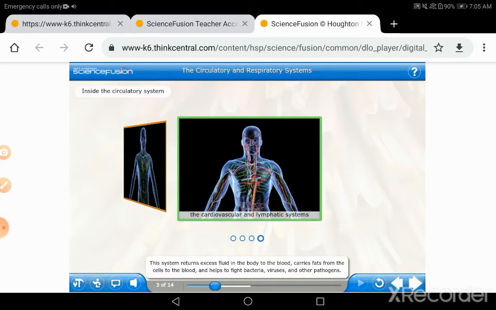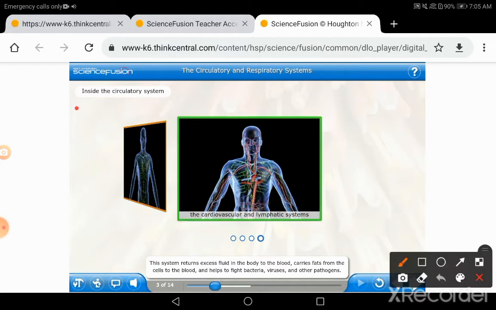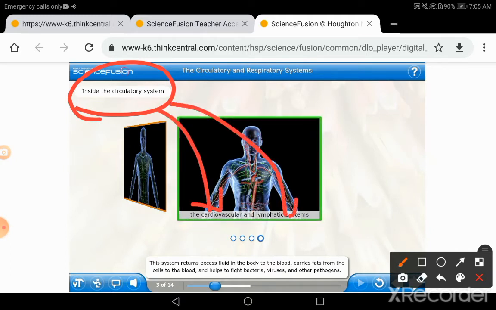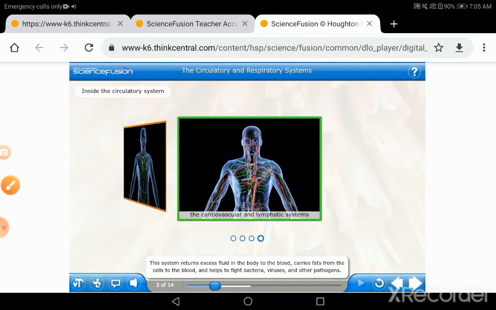Now let's see the cardiovascular and lymphatic systems together, which are parts of, as we said before, the circulatory system. Again, it has these two parts, cardiovascular and lymphatic. Let's listen. Together, the cardiovascular and lymphatic systems work within the circulatory system to help keep the body stable and healthy on the inside.